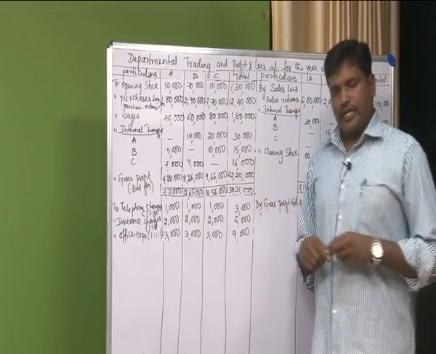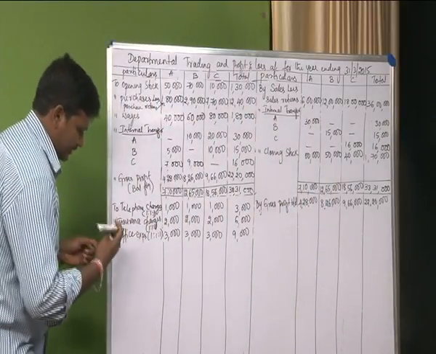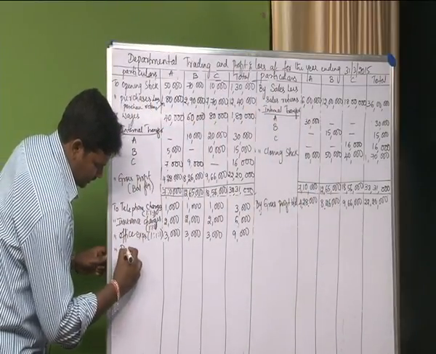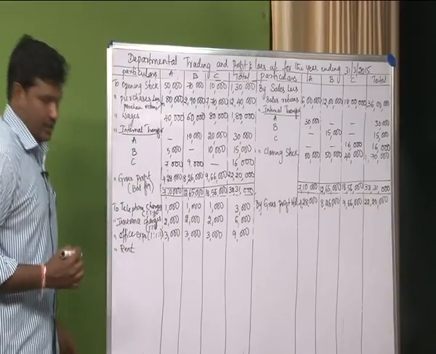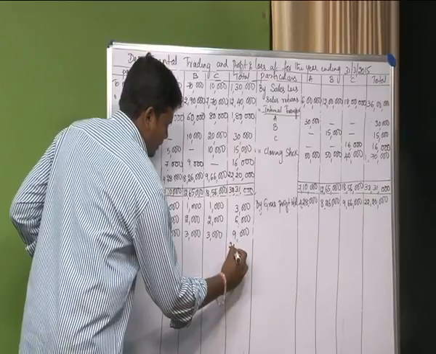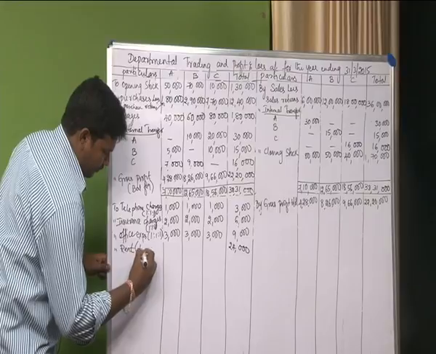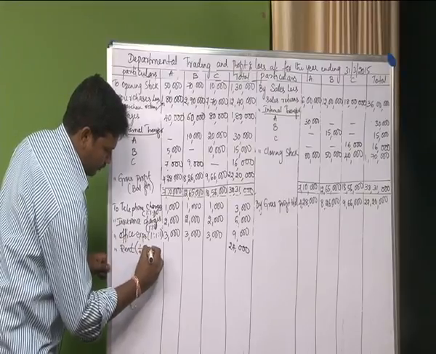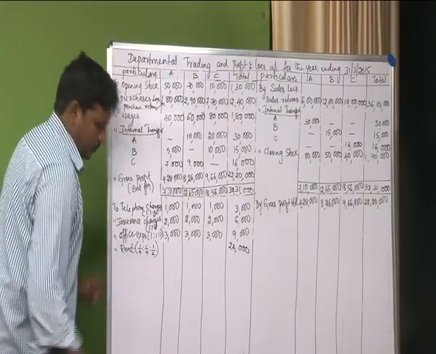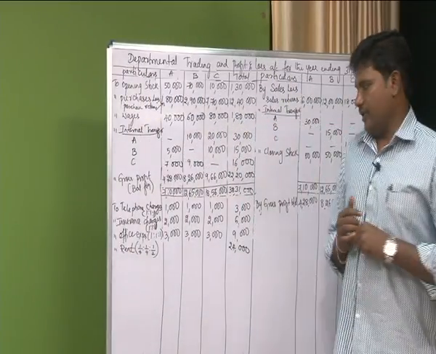And as we read in the adjustment, rent is allocated among the departments in the ratio of 1/4 is to 1/4 is to 1/2. This was the ratio.